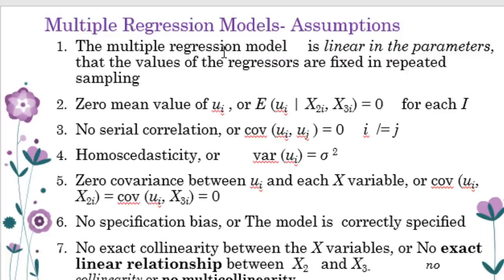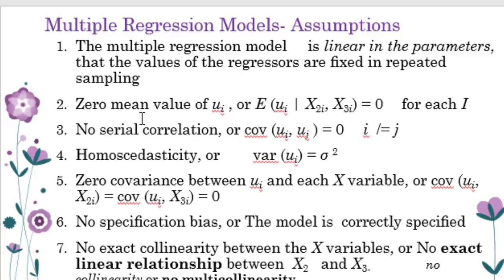First one, the multiple regression model is linear in parameters, and the values of the regressors are fixed in repeated sampling. We have already seen the meaning of linearity, linear in variables and linear in parameters. In all the regression models, the most important assumption is that it is linear in parameters, that is, beta 1, beta 2, etc. should be linear.